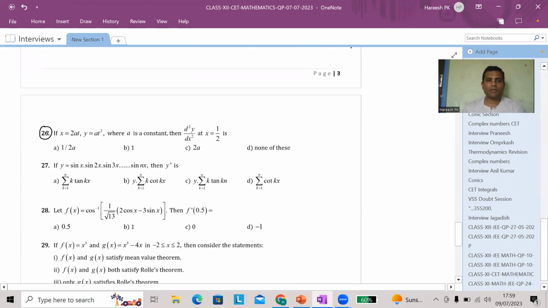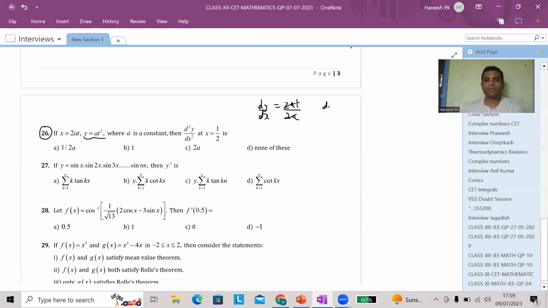26th is again a direct one. Dy by dx is simply dy by dt, which is 2at, divided by dx by dt, which is 2a. So you'll end up getting t.